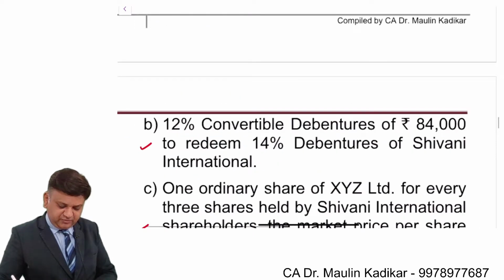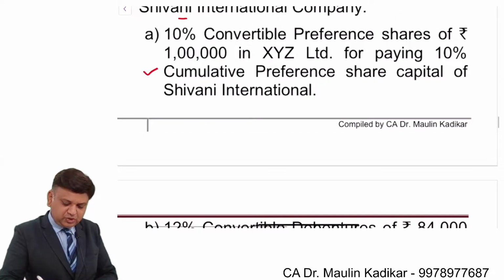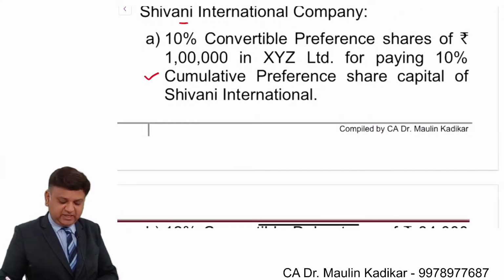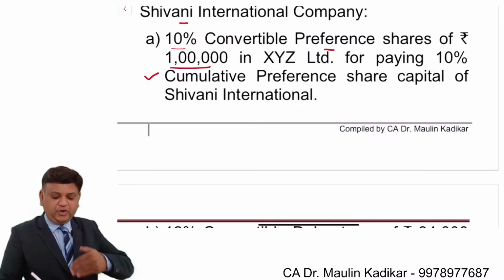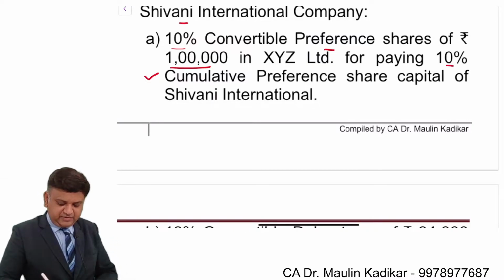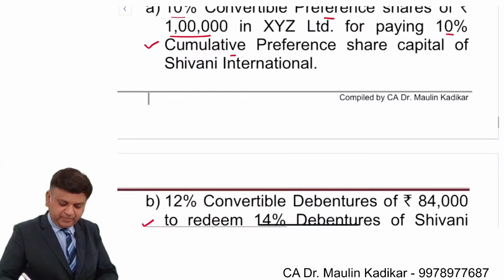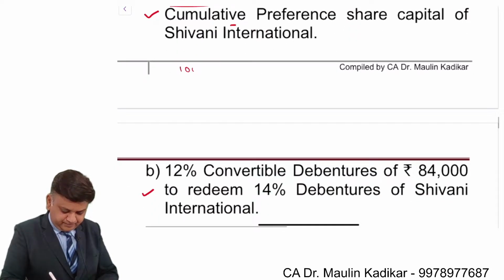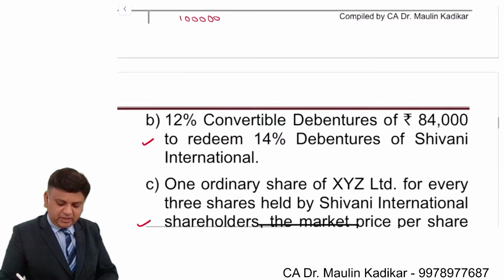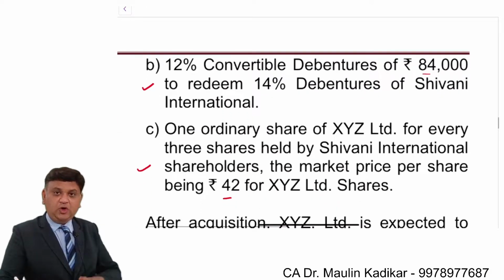As per the given information, we are going to issue preference share capital, that is cash outflow. 10% convertible preference shares of rupees 1 lakh in XYZ Limited, for the 10% preference share capital of Shivani. So the cash outflow is an amount of 1 lakh. 12% convertible debentures of 84,000 to redeem 14% debentures of Shivani.